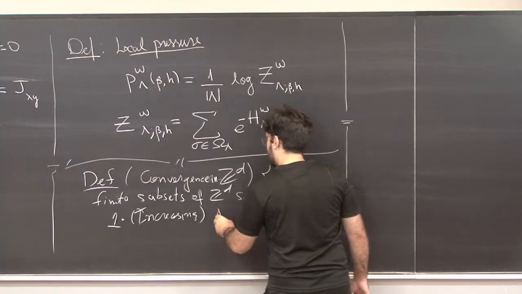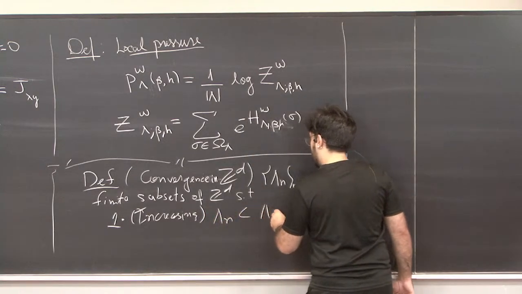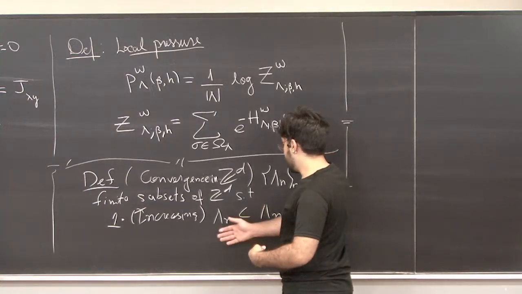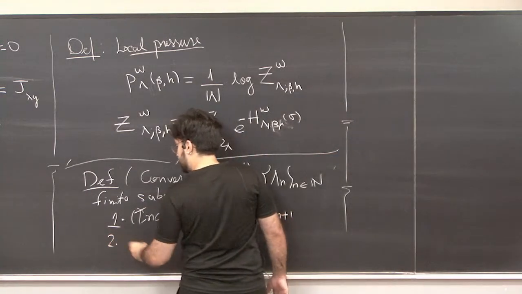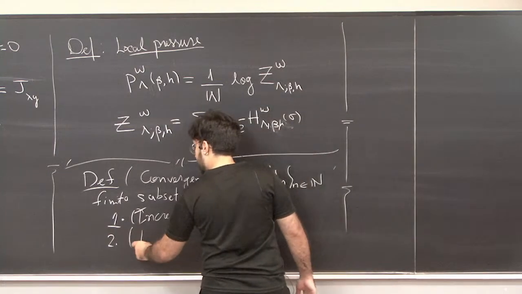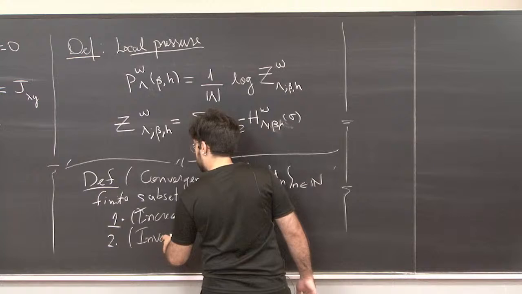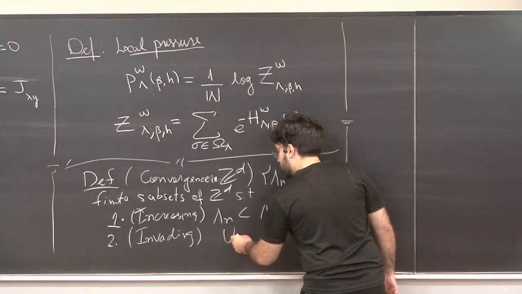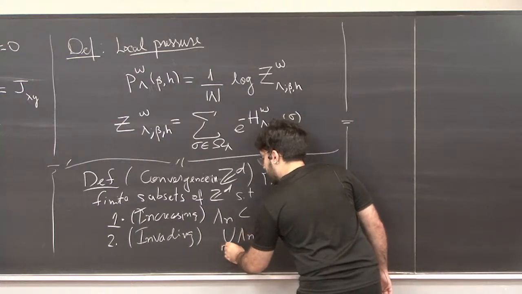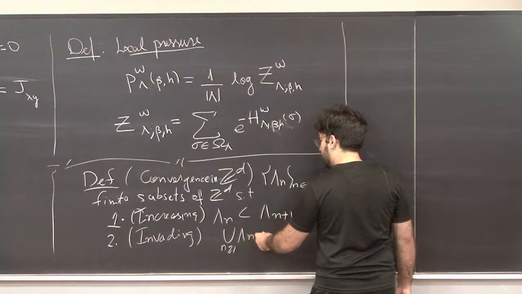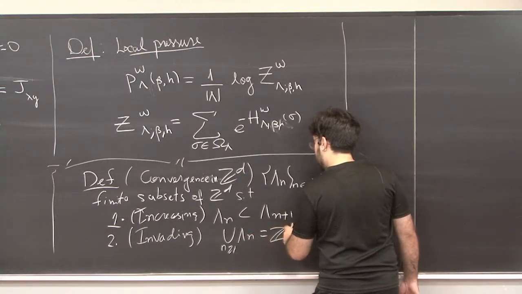This means that the next one contains the former. Second, they must be invading. And what this means is that the union of all the sets in the sequence is actually equal to Z^d.